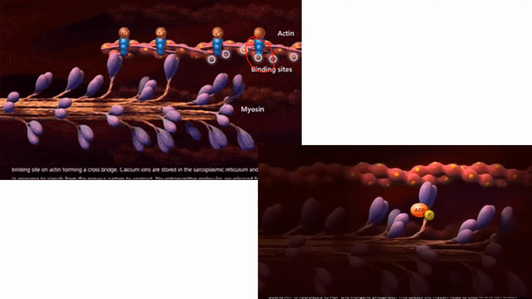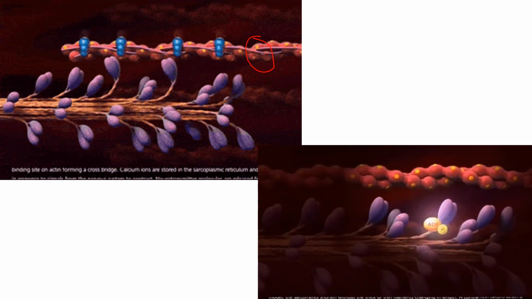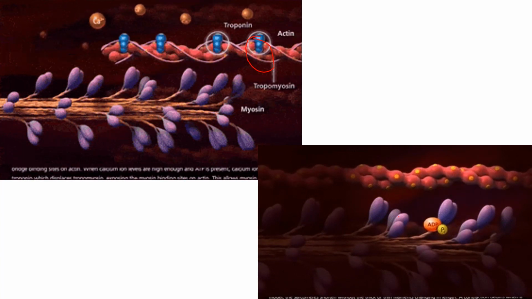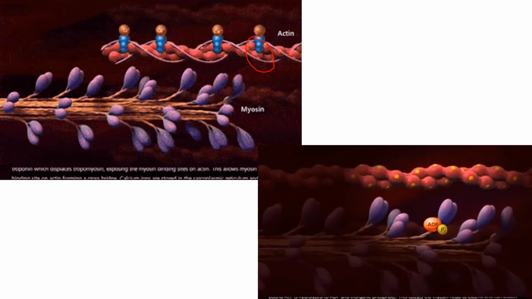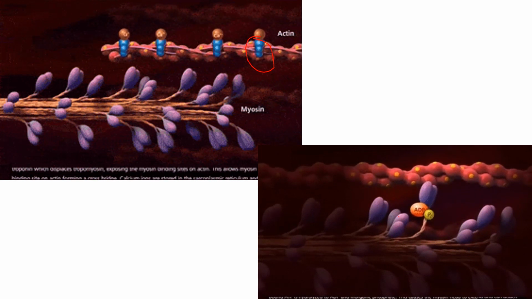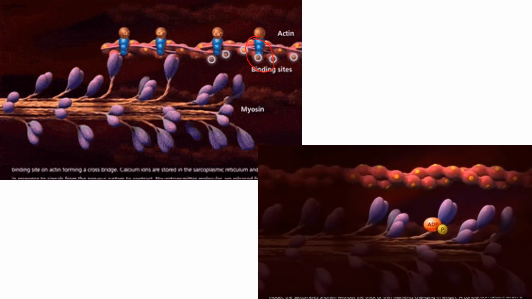Remember, our binding sites are now shown because of those calcium ions that attach to our actin and allow the tropomyosin to move away from those active sites. When this myosin head attaches to our actin, this is called a cross bridge.